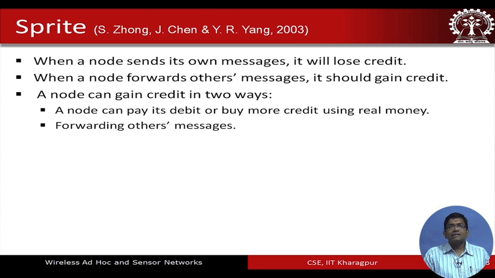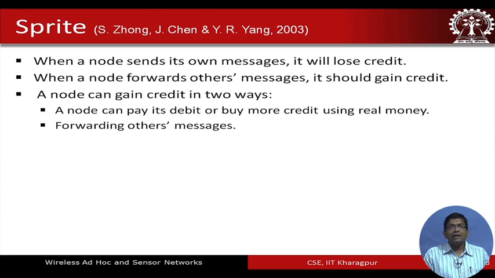So, when a node sends its own messages, it will lose credit. So, when you are sending, you are doing it at the cost of your own credits. When a node forwards others' messages, it is earning credit, very similar to what we had seen in the PPM model or the like. The PTM is also very similar. A node can gain credit in two different ways.